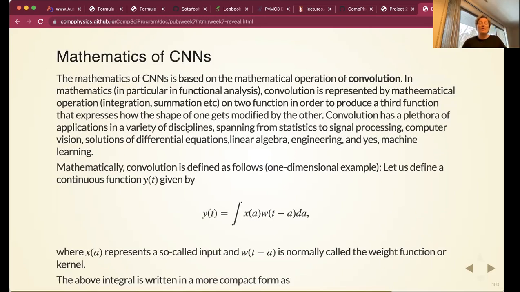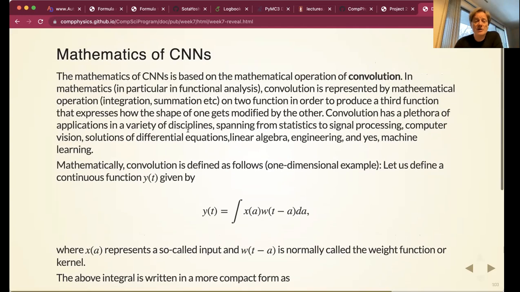What I wanted to say something about next time is the mathematics of convolution. I see we have only 2 minutes left. So we are going to start with the mathematics of convolution next week. And then we are going to go through the basic buildup of a convolutional neural network.